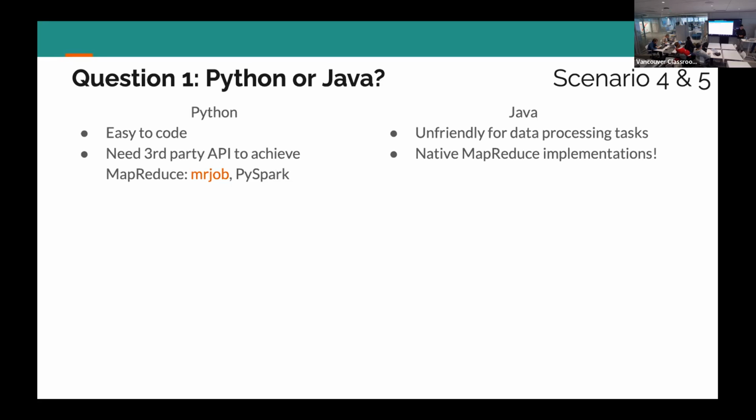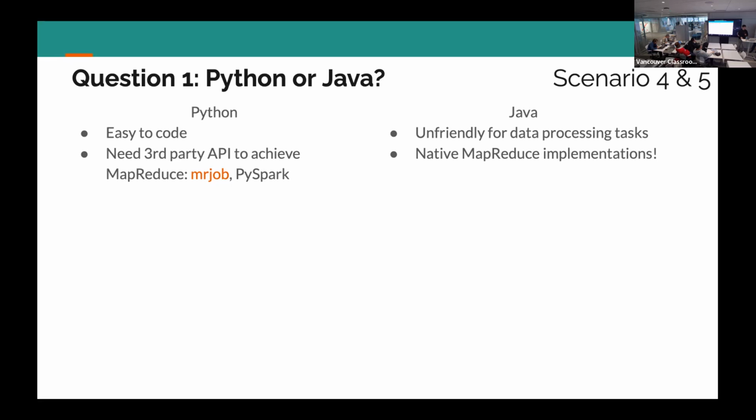The one I chose was the MRJob package, and I heard the suggestion from Daniel later, after I finished the implementation, that PySpark may be a good choice too. And Java is known as unfriendly for data processing tasks. Nobody uses Java to do this, and it's very difficult to write code.